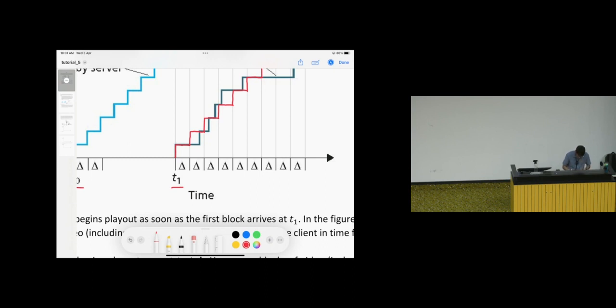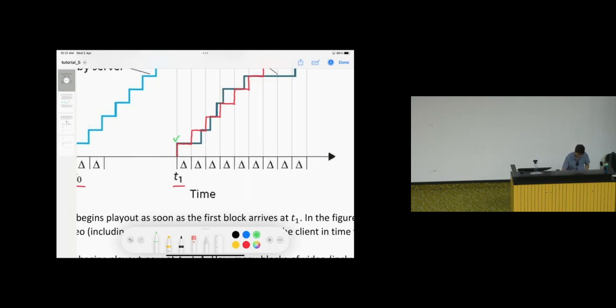So let's see. So this is played because it was received right when it was supposed to be played. This one was not received at the time it has to be played, right? I'm looking at these times, these points.